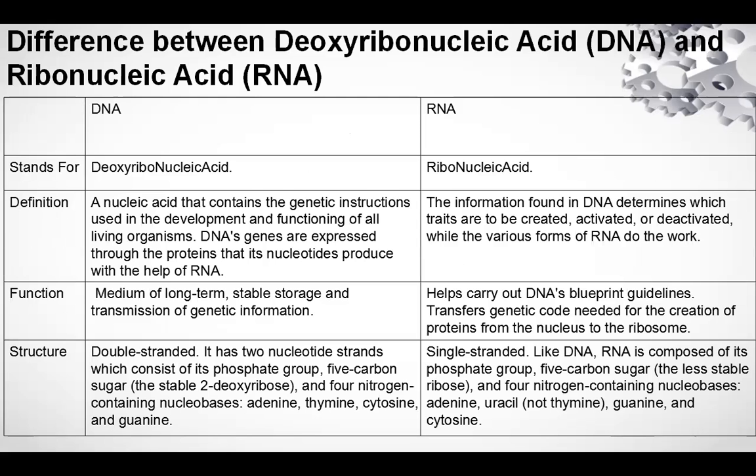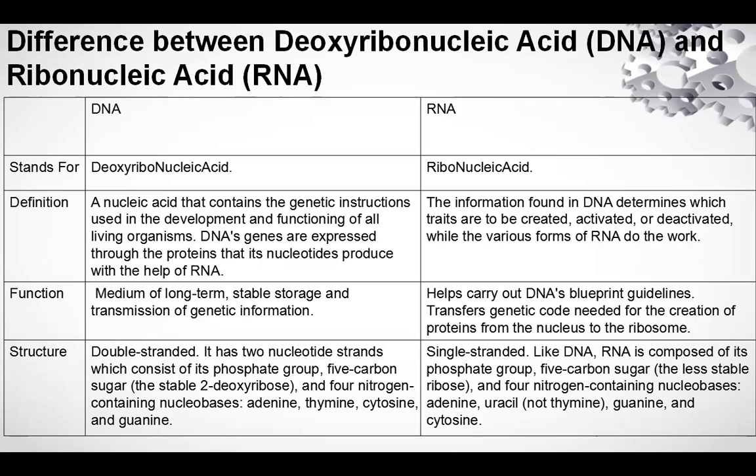Let's see the difference between these two, DNA and RNA, in terms of what they stand for. DNA stands for deoxyribonucleic acid, while the RNA stands for ribonucleic acid. In terms of definition, DNA is a nucleic acid that contains the genetic information used in the development and the functioning of all living organisms.